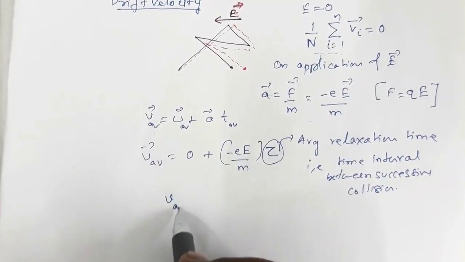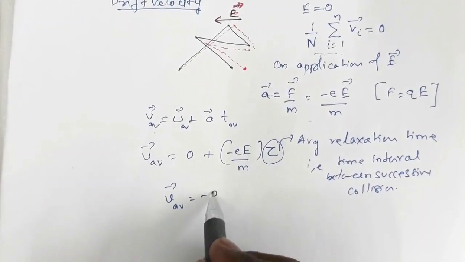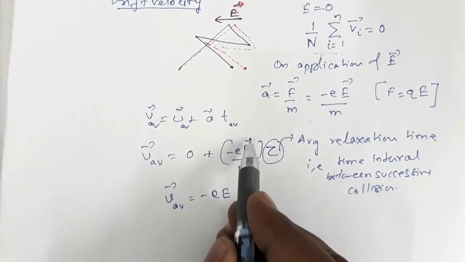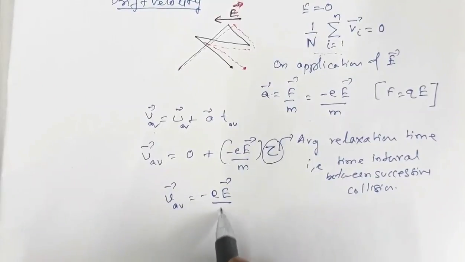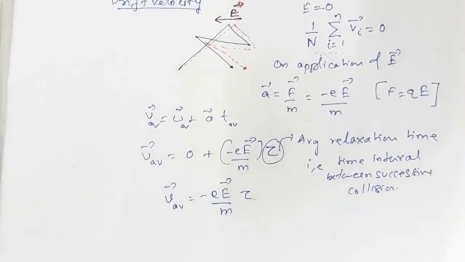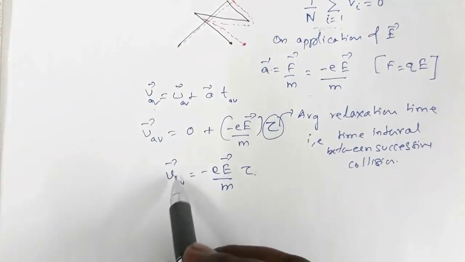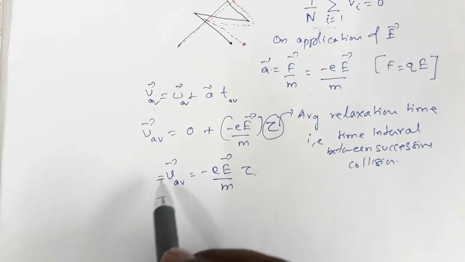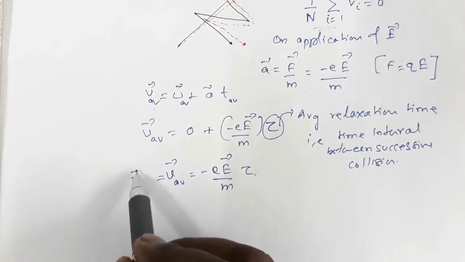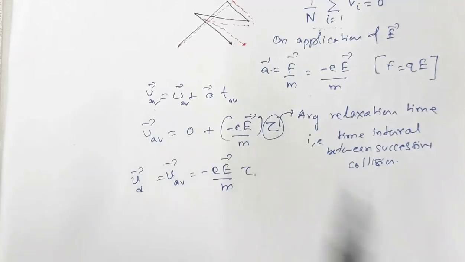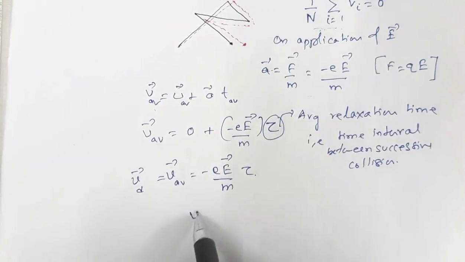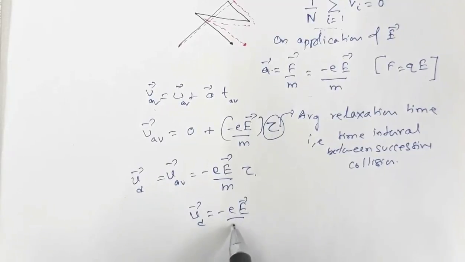So v average is equal to minus e, if I write this in vector form, E by m into tau. This average velocity is called the drift velocity, the average velocity of the free electrons in the presence of electric field. So we have vd = −eEτ/m.